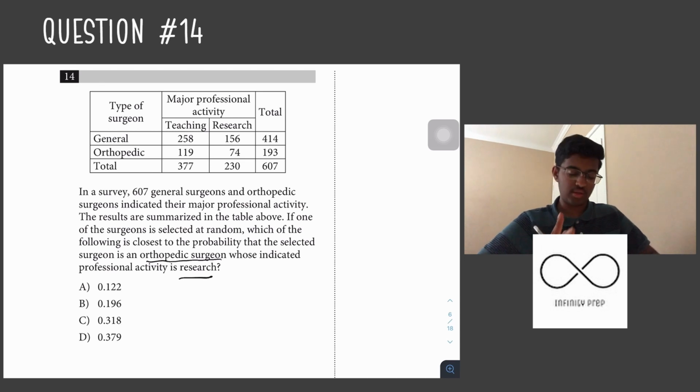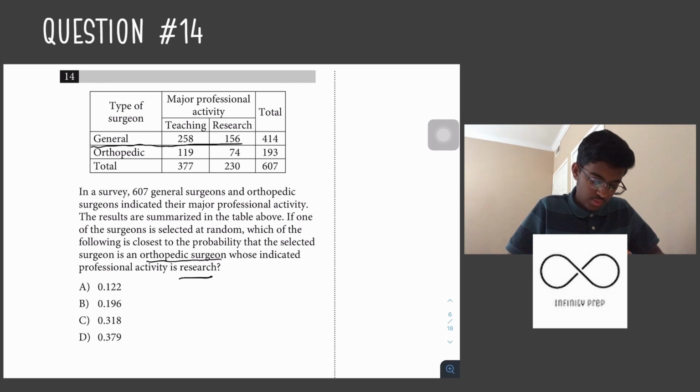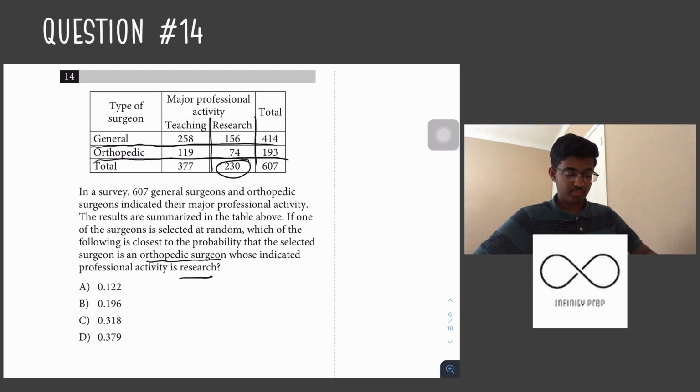So there are two conditions here. One, that the professional is an orthopedic surgeon, and the other, that his professional activity is research. So we're restricted to the column for orthopedic surgeons and the row for research. So we have to look at the 230, which is the count of surgeons who are orthopedic surgeons whose indicated professional activity is research.